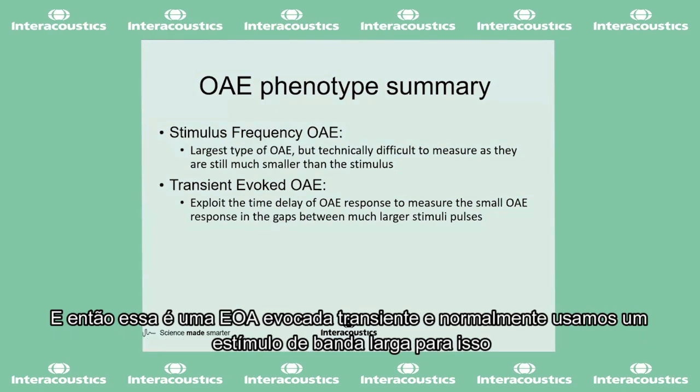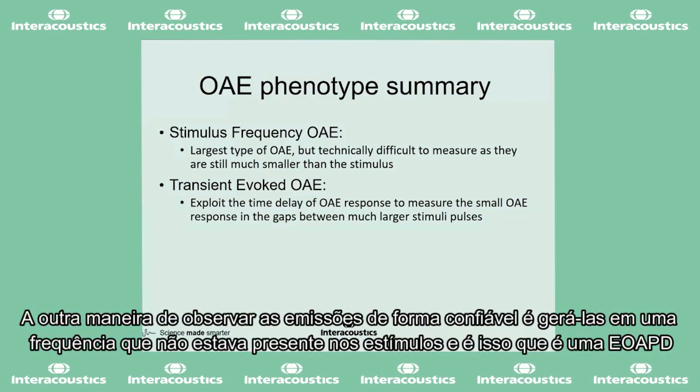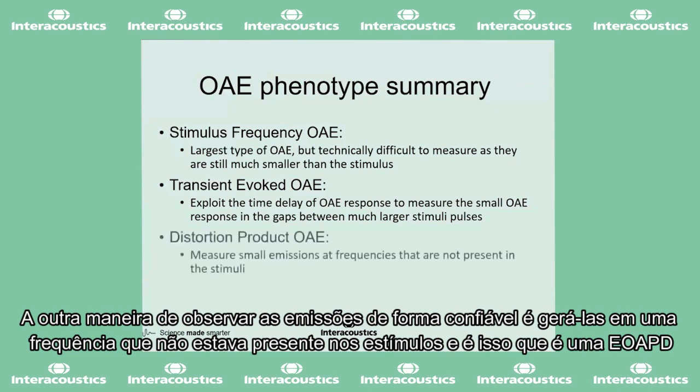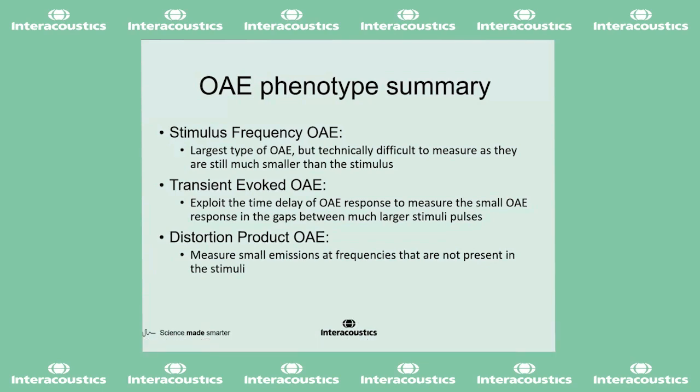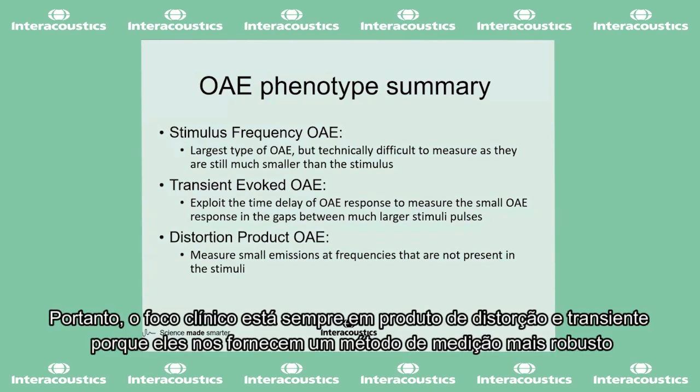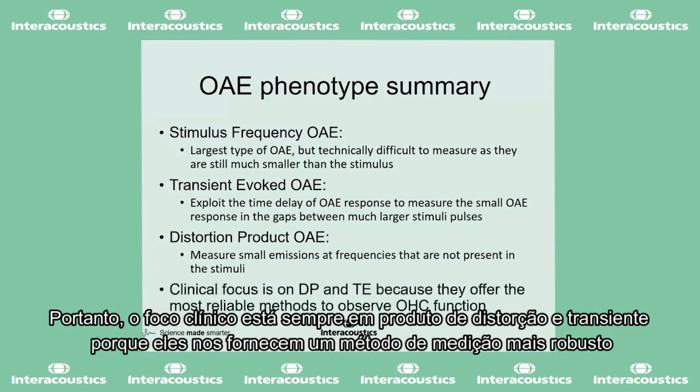And so that's a transient evoked otoacoustic emission, and we normally use a broadband stimulus for that. And then finally, the other way to reliably observe emissions is to generate it at a frequency that wasn't present in the stimuli, and that's what a distortion product otoacoustic emission is. So the clinical focus is always on DPs and TEs because they give us that more robust measurement method.